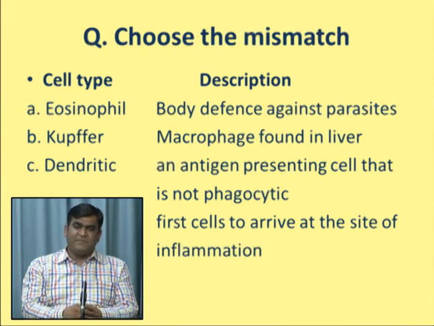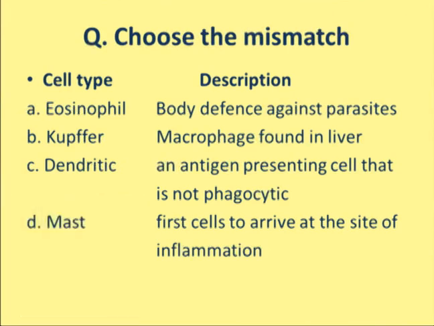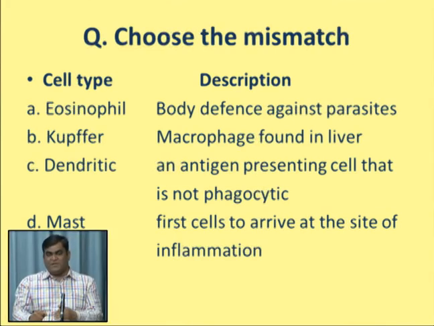Now if we see in this particular question, the examiner wants to ask a bigger thing. He wants to know whether you know the function of all the cell types of the immune cells or not. Here you have to identify the mismatch between the cell type and the description, which is the function of that particular cell, whether it is the right function or not.